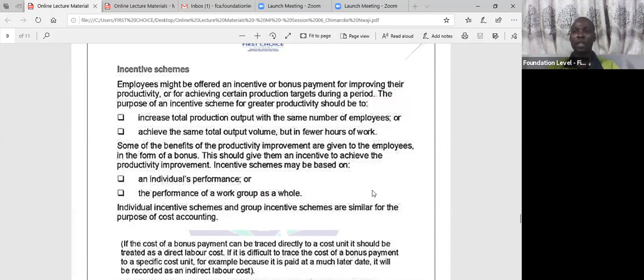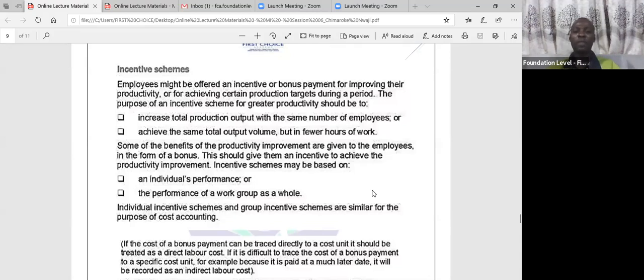That means the same number of employees that was producing 200, if you can increase it to 300 with that same number of people, then you have increased productivity. Or instead of spending the whole day doing 200, spend 2/3 of the day doing that 200. The remaining 1/3 can be put into another productivity.